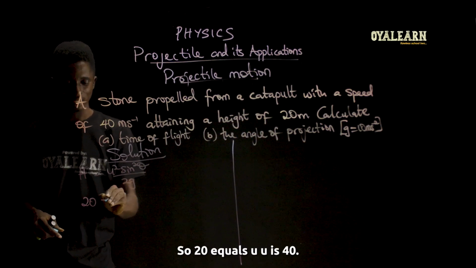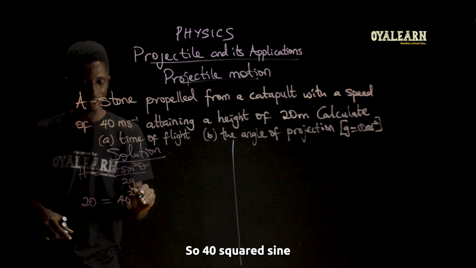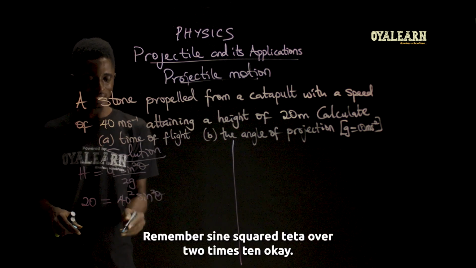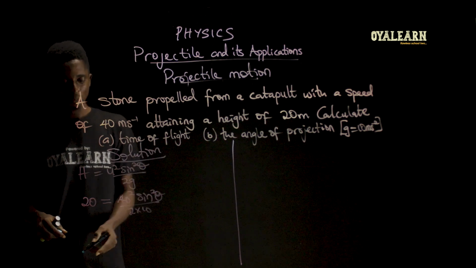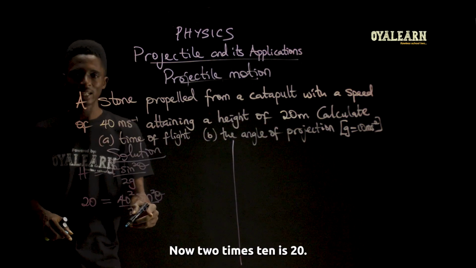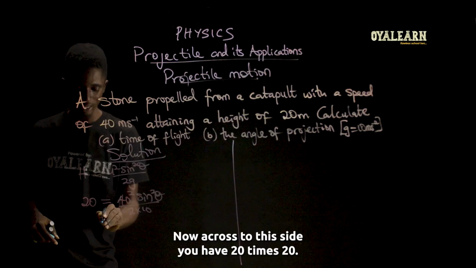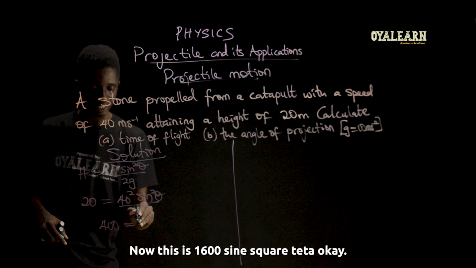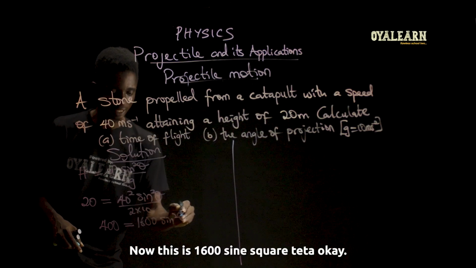So 20 equals u, u is 40, so 40 squared sine squared theta over 2 times 10. Okay? Now, 2 times 10 is 20. Now, cross it to this side. You have 20 times 20. That will give you what? 400. Equals, now this is 1,600 sine squared theta.